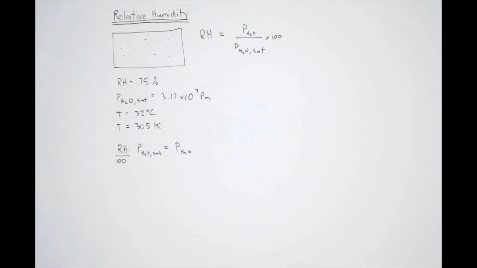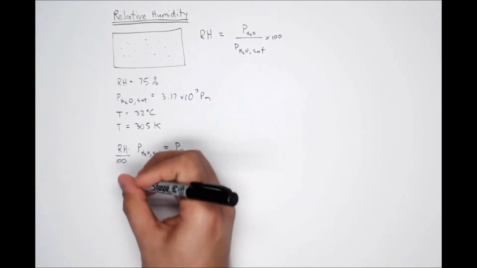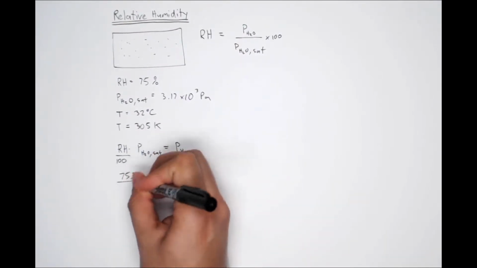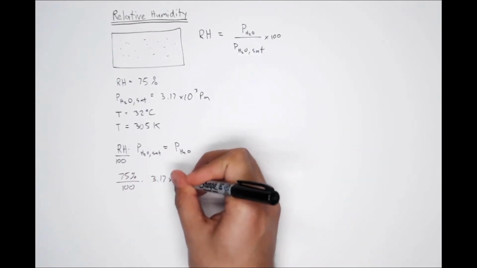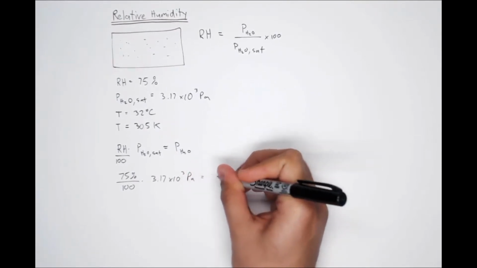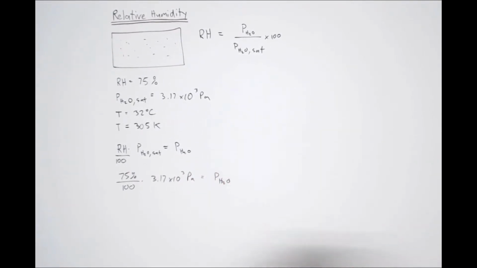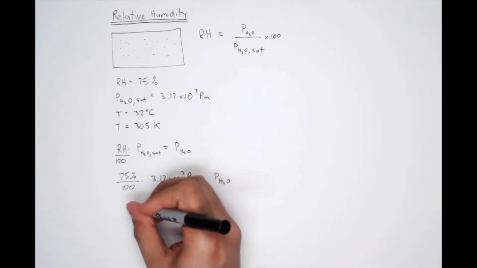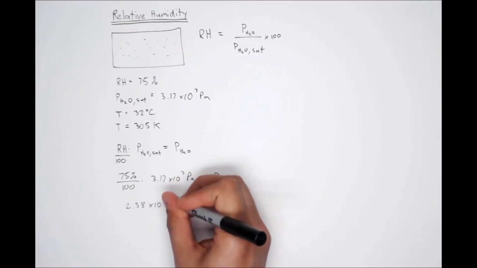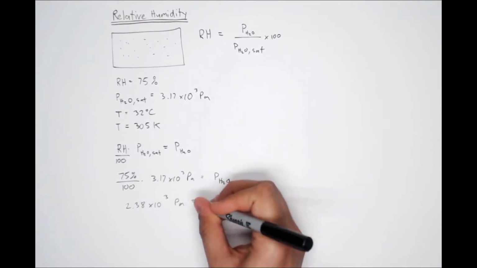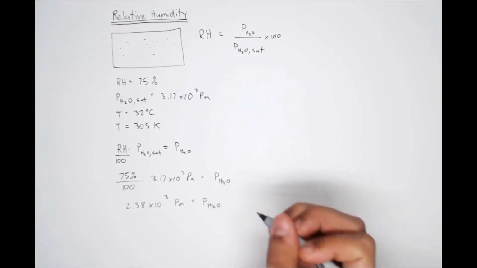So it's going to be 75% divided by 100, times the saturated vapor pressure, 3.17 times 10 to the third pascals. And that will be the vapor pressure of the water. You can multiply that out and you will get basically 2.38 times 10 to the third pascals as the actual vapor pressure of the water.